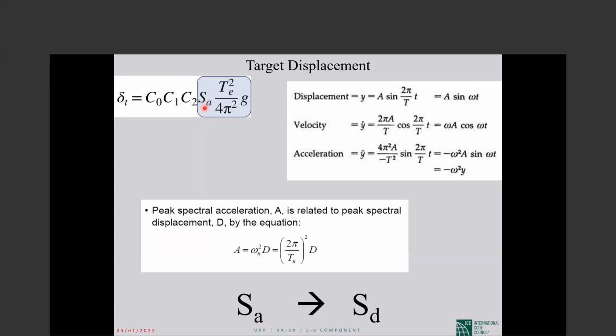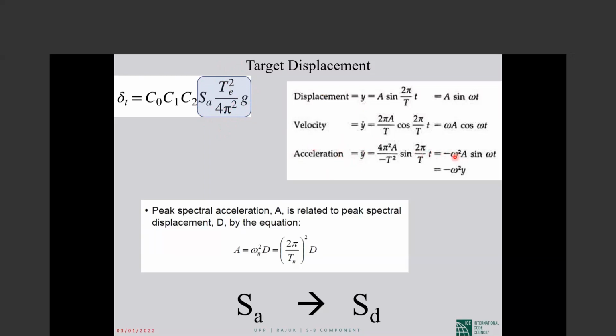So here this SA is divided by omega squared, where omega is 2 pi divided by T. It seems a little complicated, but it's not. It's just you had the acceleration.